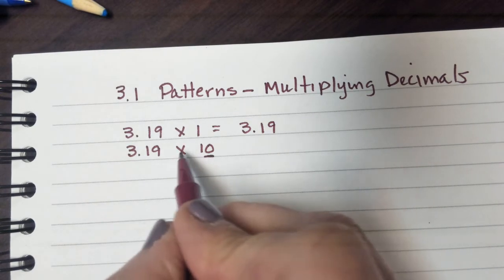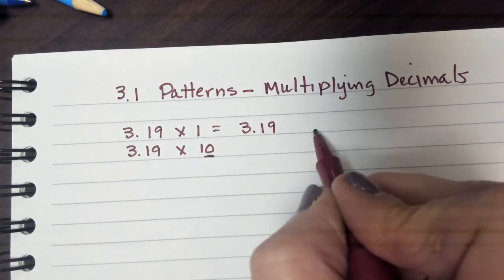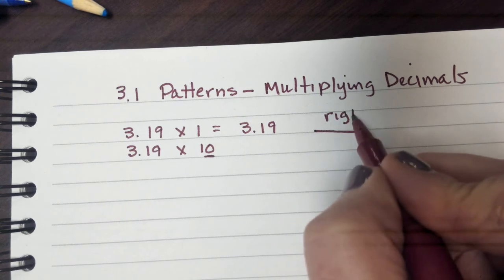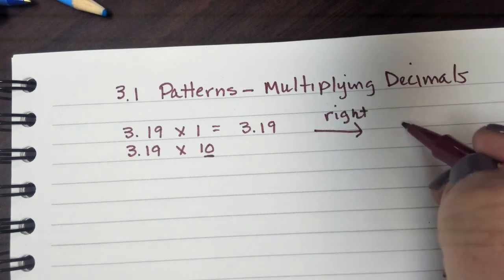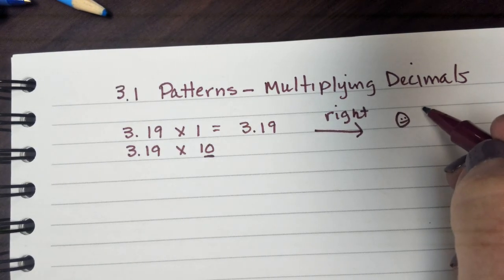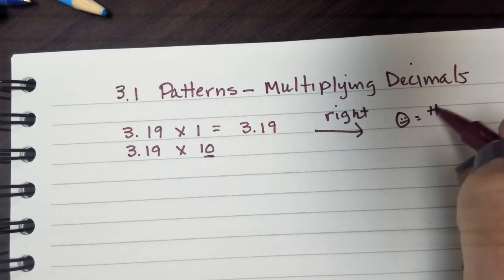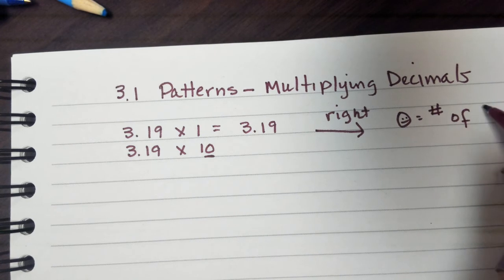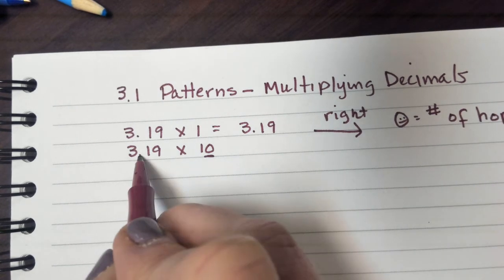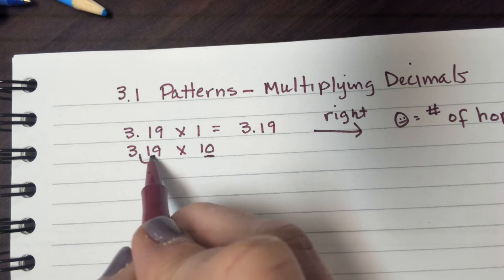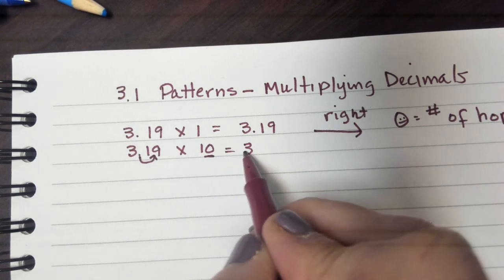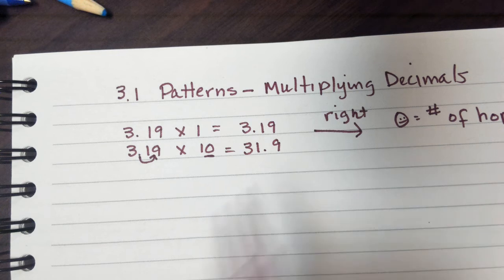The 0 in the multiplication is telling me how many times to the right I'm going to hop. So the zeros equal the number of hops that we're going to make. So with this particular one, I'm going to move it one place to the right. So my new answer is going to be 31 and 9/10.